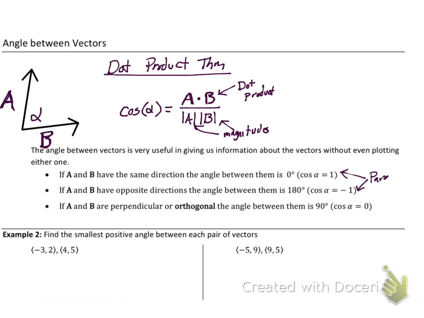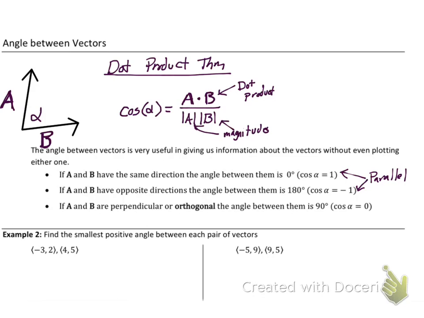These indicate that you're parallel. If A and B are perpendicular, you're going to come up with your cosine equaling 0. So that means they have a 90-degree angle if your cosine equals 0. So if you come up with 1 or -1, they're parallel. If you come out with 0, it means that they're perpendicular.